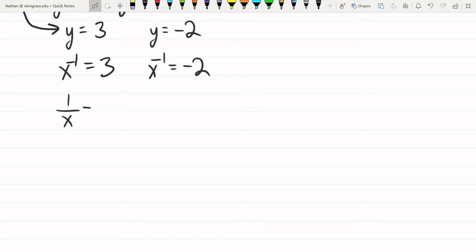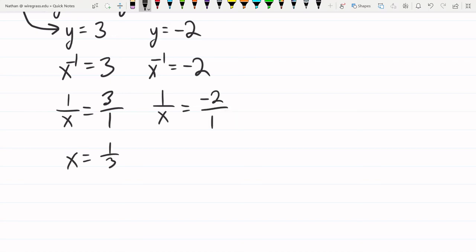So we have 1 over x equals 3 and 1 over x equals -2. Because they're both a single fraction, I can just flip both sides, giving us x equals 1/3 and x equals 1 over -2, or in other words, -1/2.